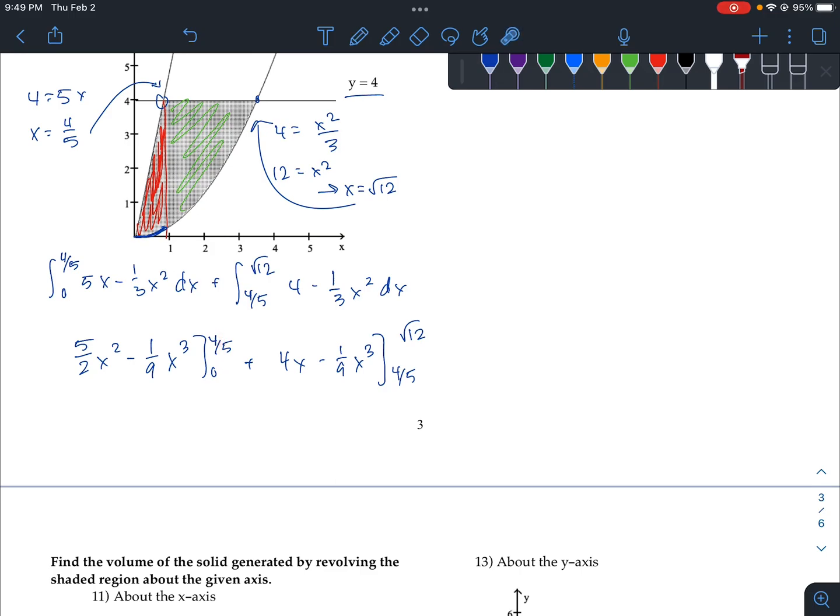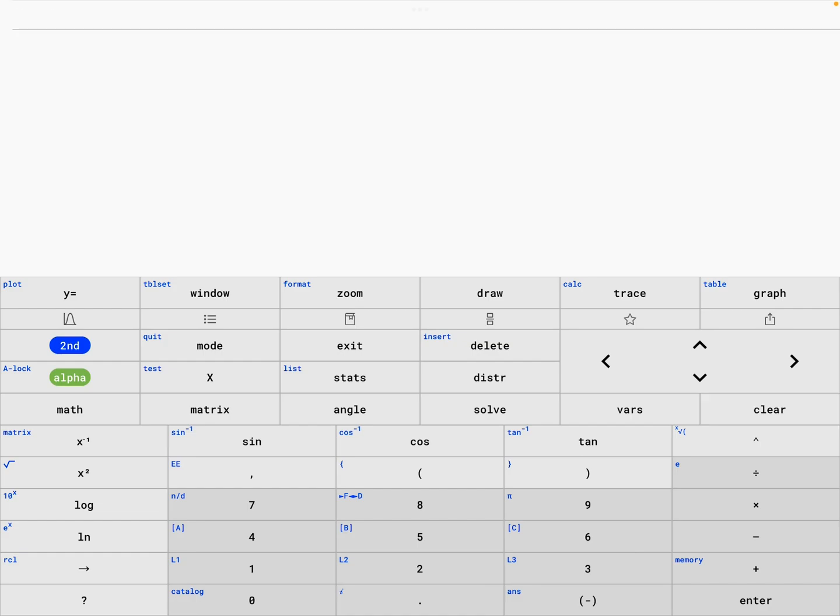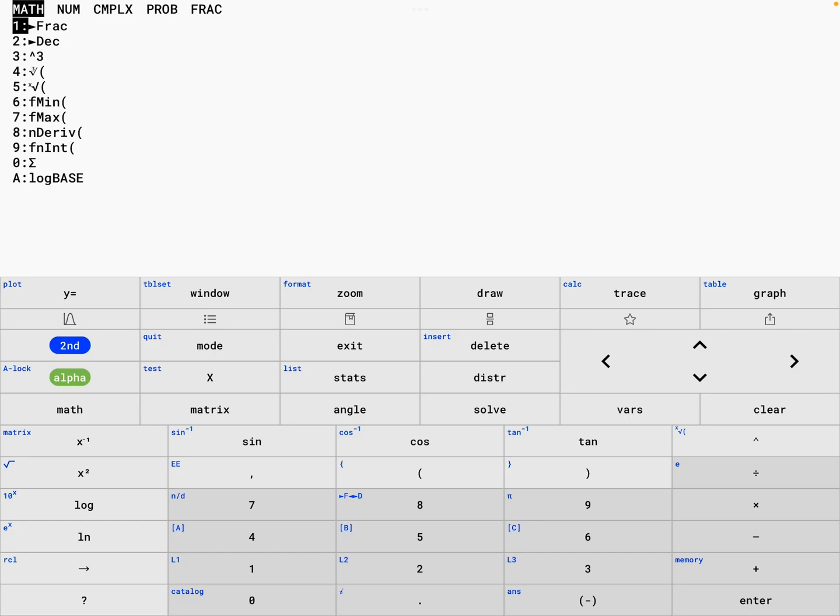So these aren't very nice numbers, and so I'm going to plug this into my calculator. Don't be plugging this into your calculator as if you're using the integral function in your calculator. This is what you want to use right here. So we're definitely going to get some not so nice numbers.